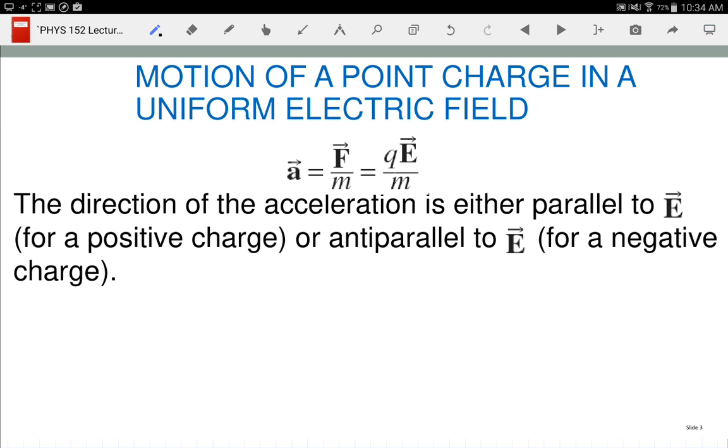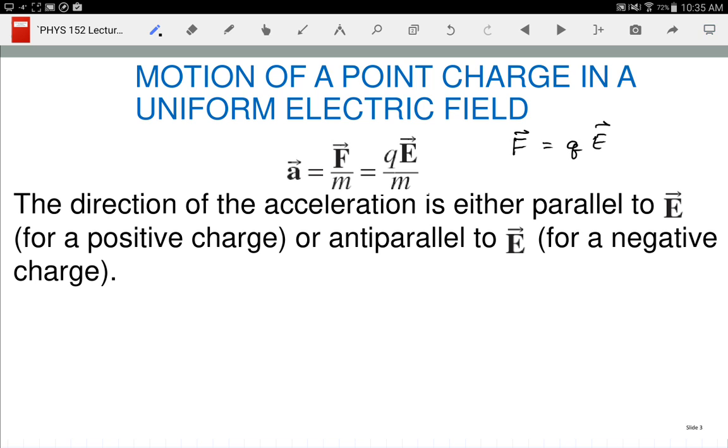Okay, so given that force and electric field are related by the relationship that force is equal to charge multiplied by electric field, then using Newton's second law, we know that if I put a charged particle in an electric field, it's going to be accelerated.